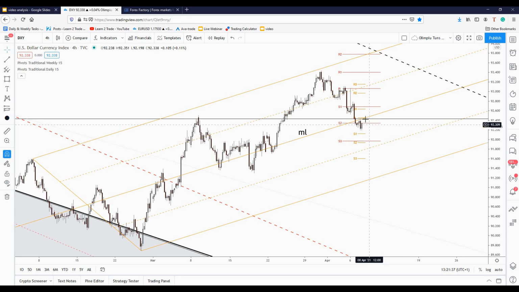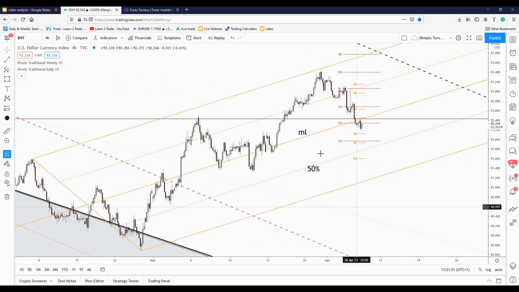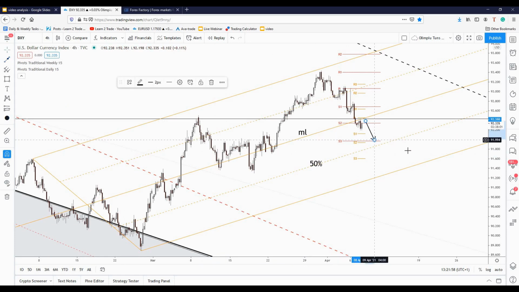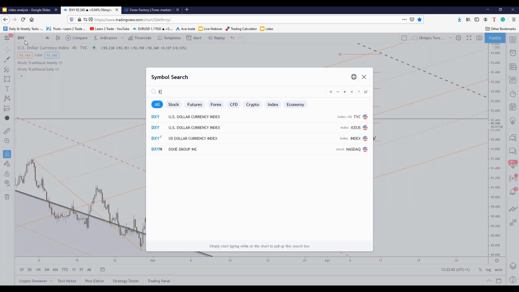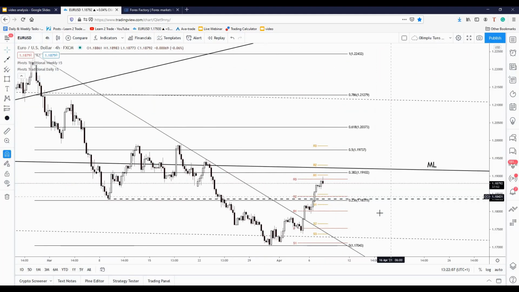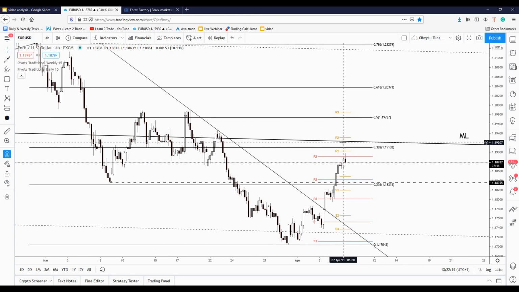If this scenario will take shape, and if the dollar index will continue to drop in the short term towards S3, towards this 50% Fibonacci line, then the euro versus the US dollar will continue to increase, and it should reach the 38.2 and also the medium line here.